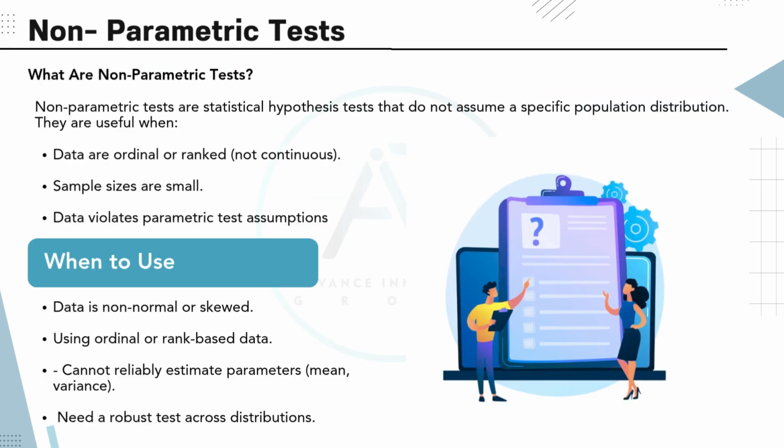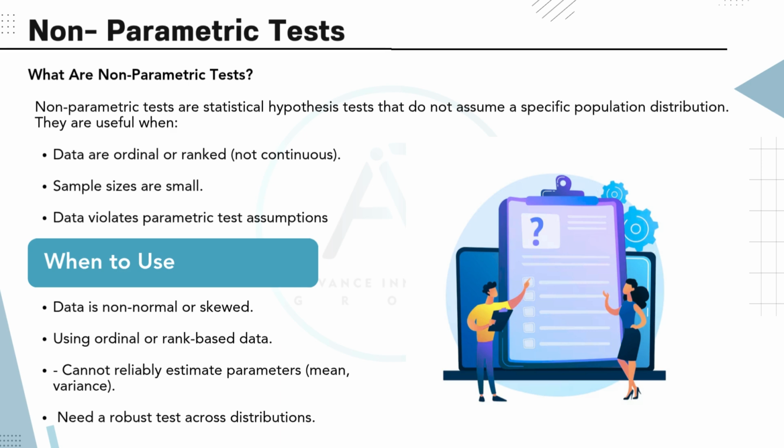This slide introduces the concept of non-parametric tests and highlights when and why we use them. What are non-parametric tests? Non-parametric tests are statistical tools used when we cannot assume a specific distribution for the population data. Unlike parametric tests, which assume normal distribution and focus on means, non-parametric tests work with medians, ranks, or signs, making them more flexible.